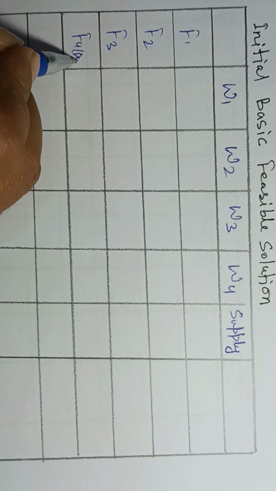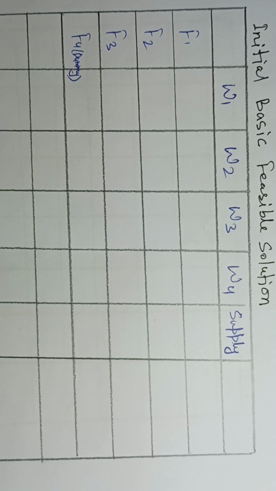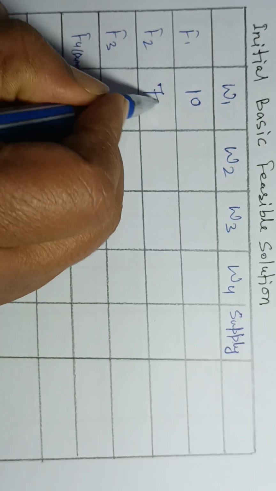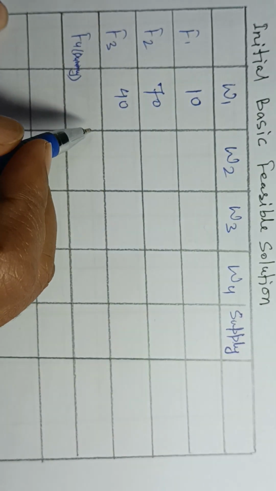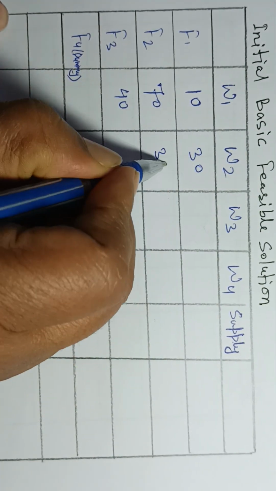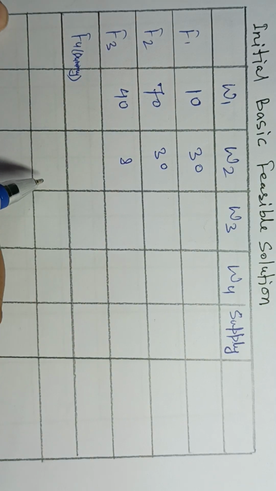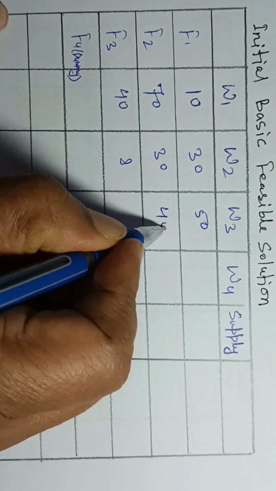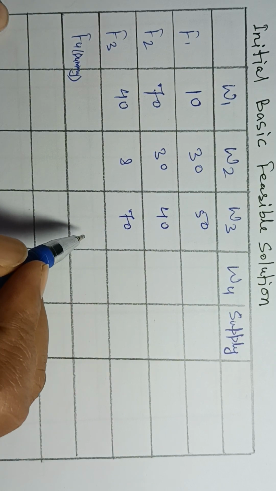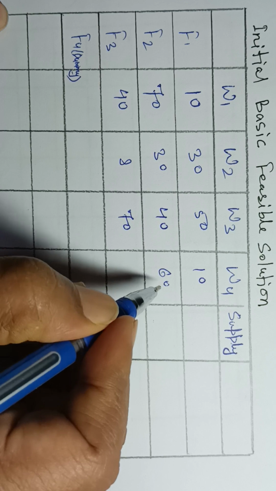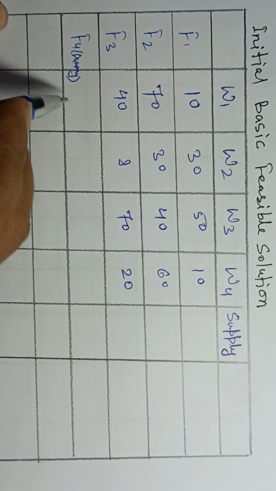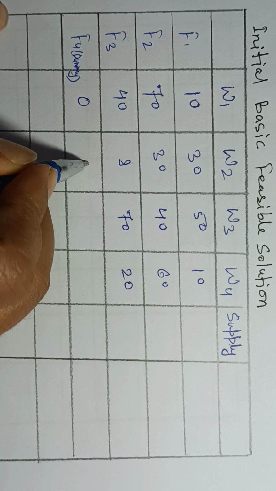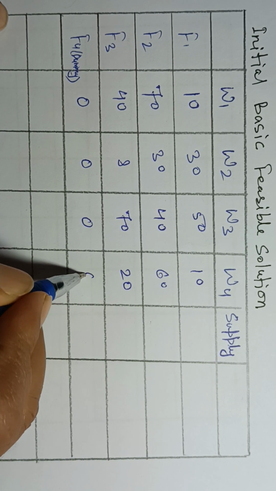The costs are 10, 70, 40, 30, then 38, 50, 40, 70, then 10, 60, 20. Here for F4 dummy the unit costs would be 0, 0, 0 and 0.